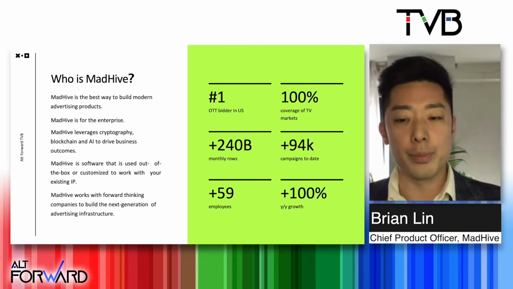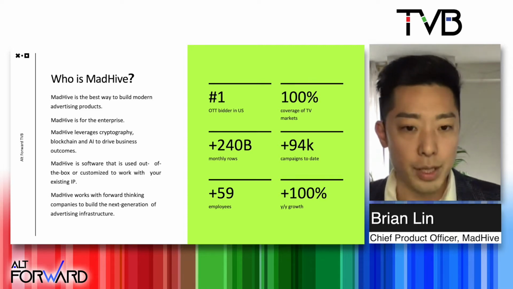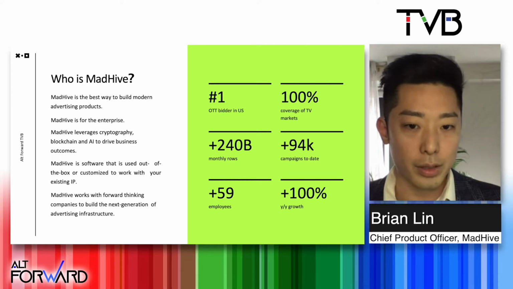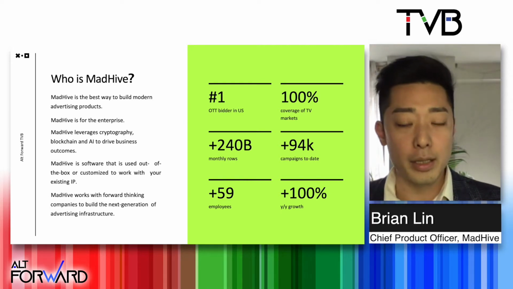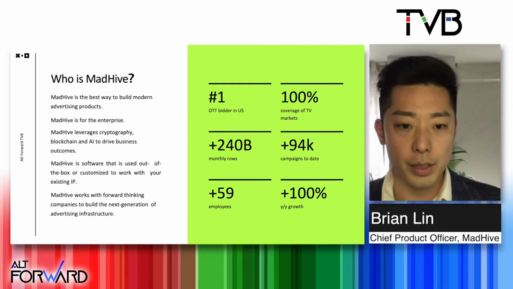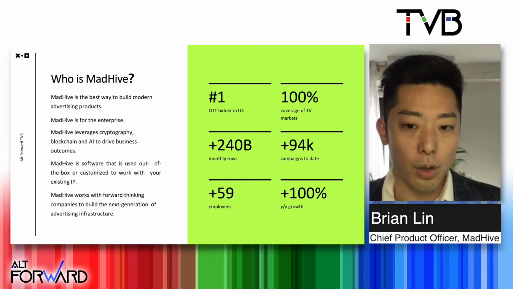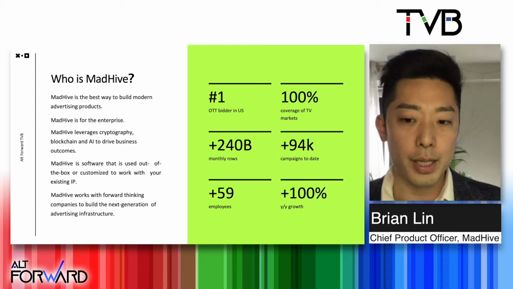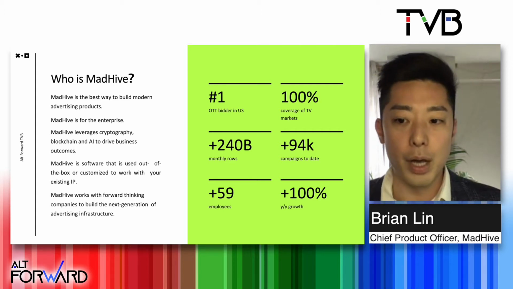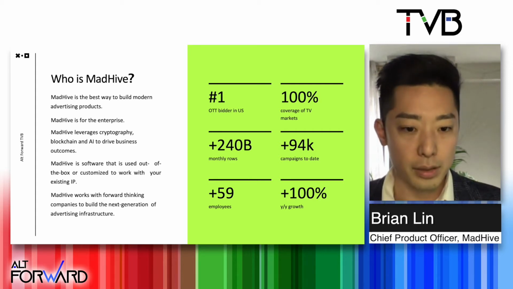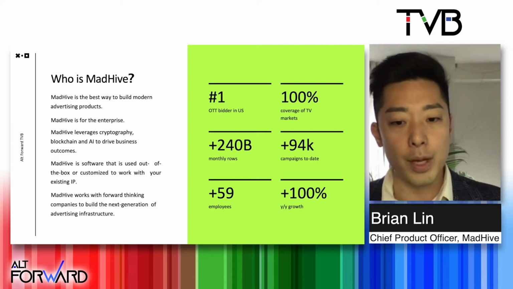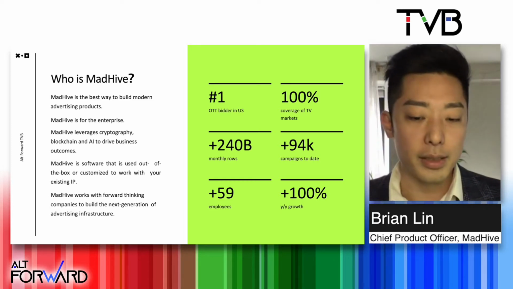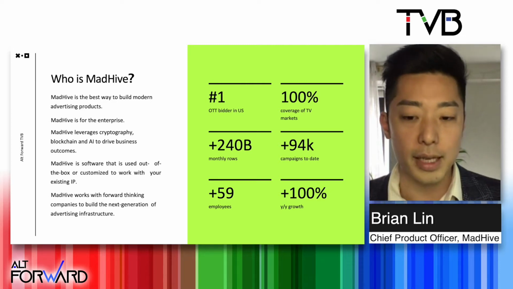MadHive addresses one of the biggest issues facing broadcasters as they transition to the world of OTT and programmatic ad delivery. The issues of fraud, economic efficiency, privacy, and transparency are all waiting on the other side without the right tool sets in place to ensure the same level of experience that buying and selling television has always had. We offer customizable tools that make it easy for our clients to activate data-driven TV campaigns at scale.